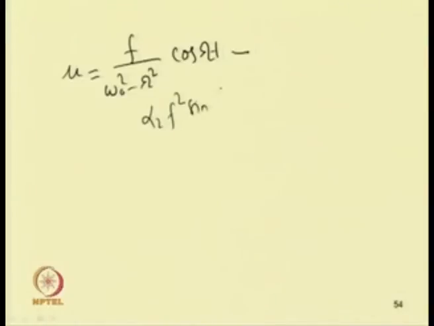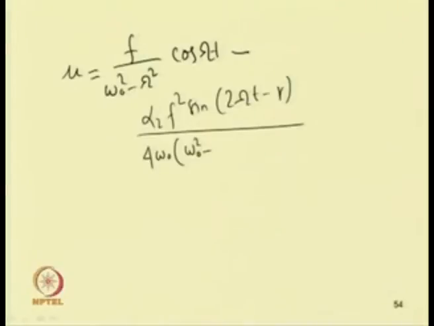So, u will be equal to f by omega 0 square minus omega square cos omega t minus alpha 2 f square sin 2 omega t minus gamma by 4 omega 0 into omega 0 square minus omega square whole square into mu square plus sigma square to the power half.